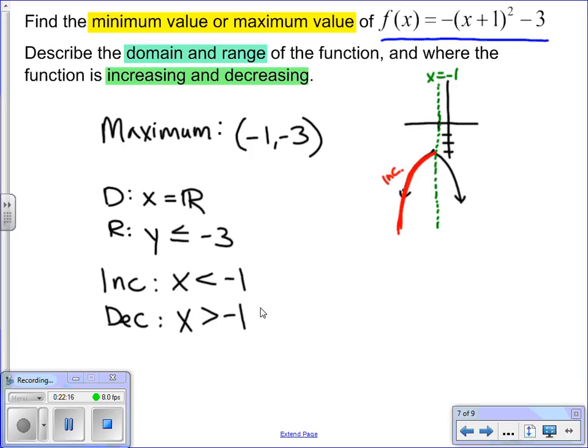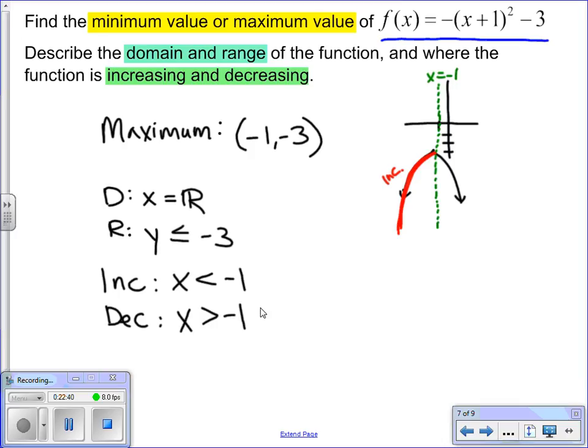Now, notice that my increasing and decreasing intervals leave off the 'or equals to' piece. When we talk about intervals on which we increase and decrease, we don't include the negative 1 because we can't really say if it's increasing or decreasing at that point. It's represented by a maximum value, so we don't want to include it in either set.